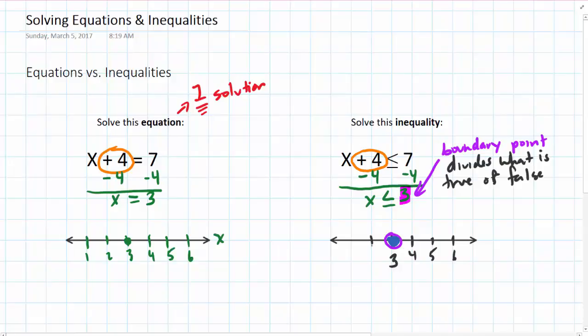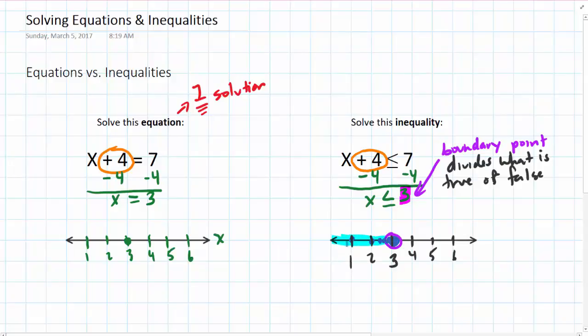So we look on the other side. Is it possible for x to be 2 or 1? Yeah, it is. It's possible for x to be 2, because 2 is less than or equal to 3. It's possible to be 1. It could be 2.5. It could be anything up to 3. So instead of doing a million dots, we're just going to draw a dark line right across to the left.